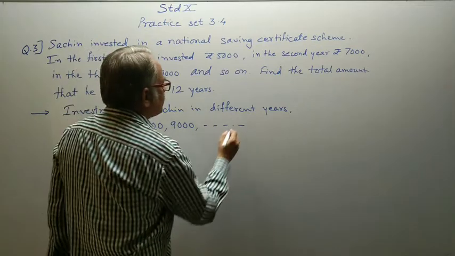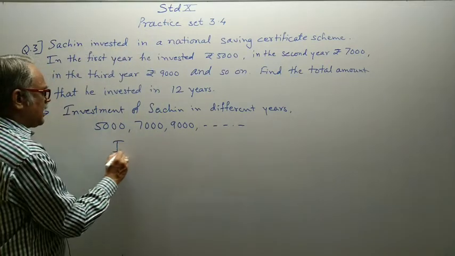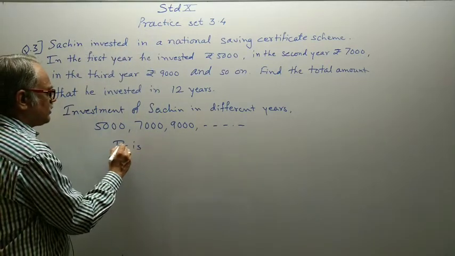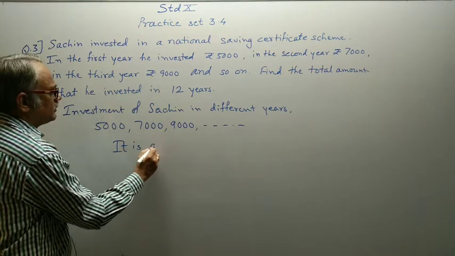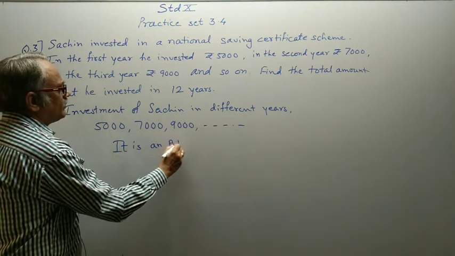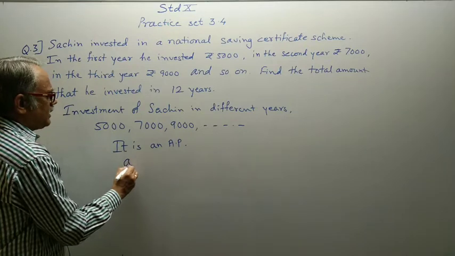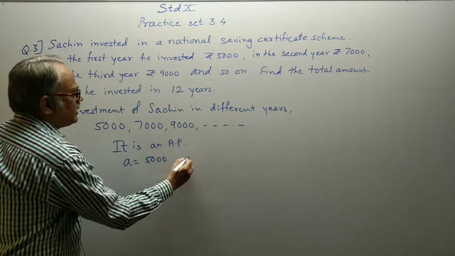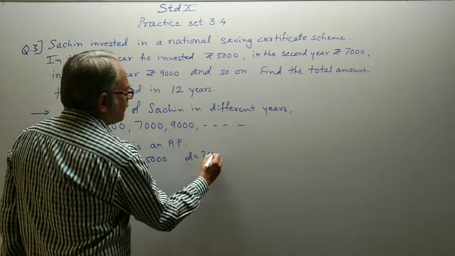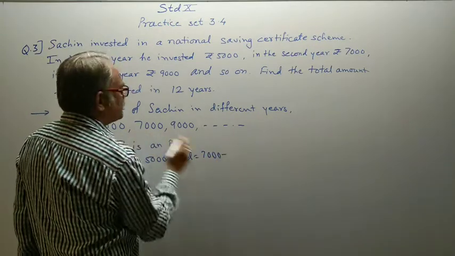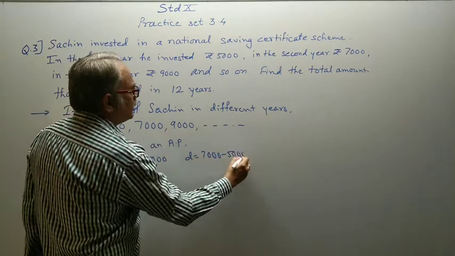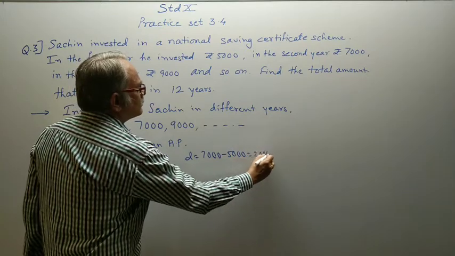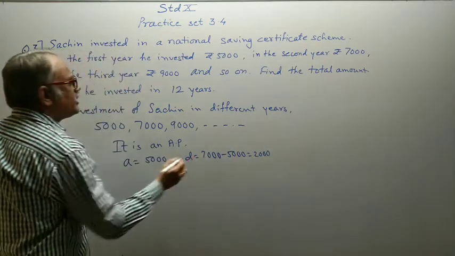So it is an AP, so that we can use the formula. A is rupees 5,000. D is 7,000 minus 5,000, second term minus first term, equal to 2,000. A is known, D is known.